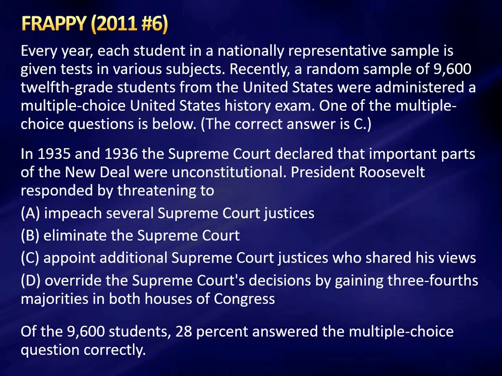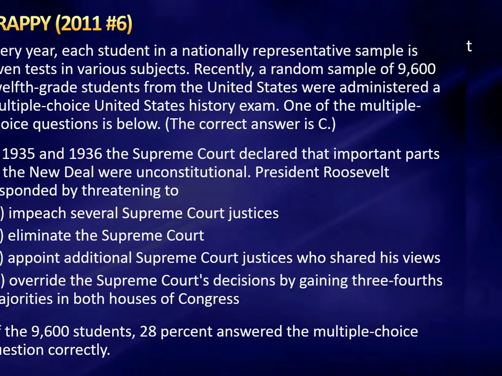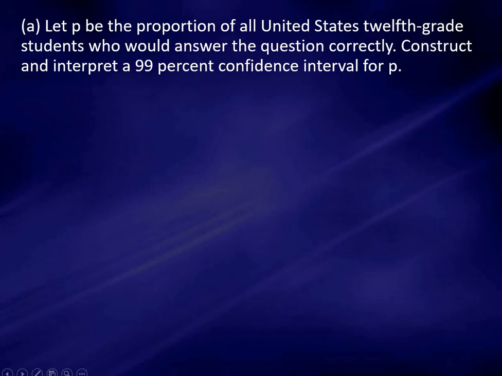That's fine. The first question says, let P be the proportion of all United States 12th grade students who would answer the question correctly. Correct and interpret a 99% confidence interval for P.